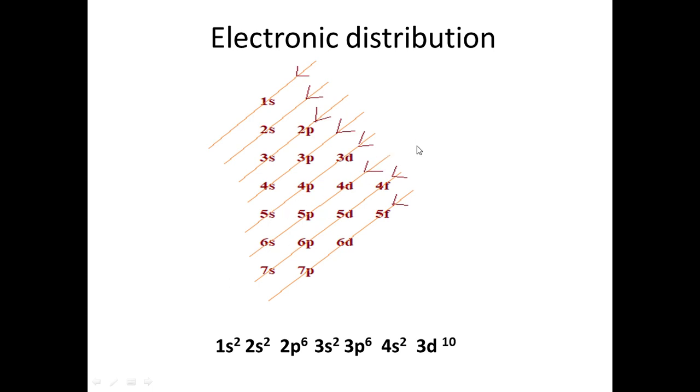As the atomic number increases, we can use the other unfilled orbitals which are written over here. So this is the basic scheme to fill electrons inside various orbitals of an element.